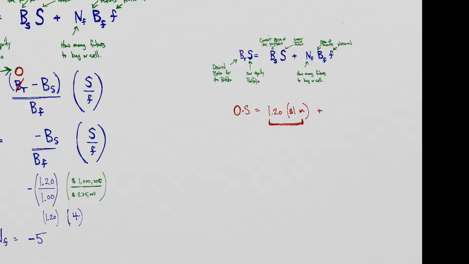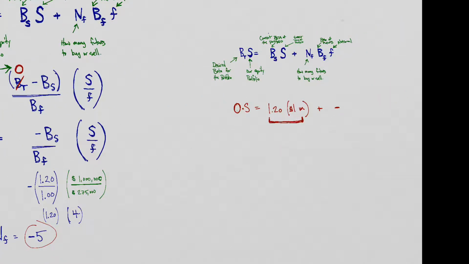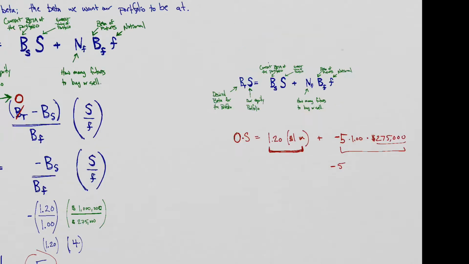And then on the other side, it's a plus here, but you're shorting minus 5 futures contracts, times the beta of the futures times the value of each futures contract, the notional value. If we simplify this part, the minus 5 and the 275, then we're starting to get the relationship that we want.